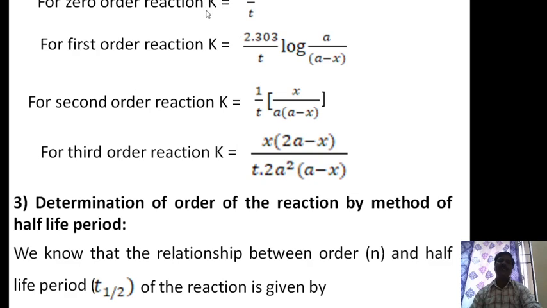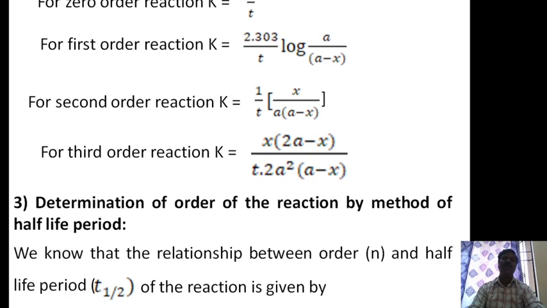If you get a constant value of K in two or more trials, that is, the same value, so that K is constant from the experimental data, then the order of the given reaction is zero order. If it is not constant, then the given reaction is not zero order.